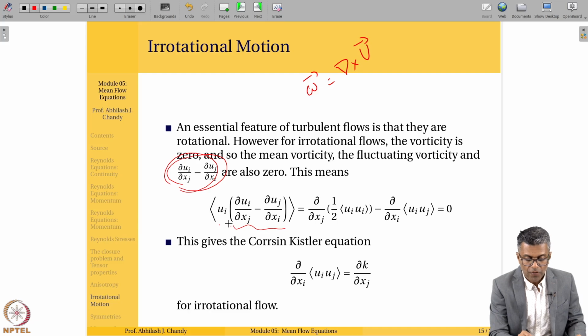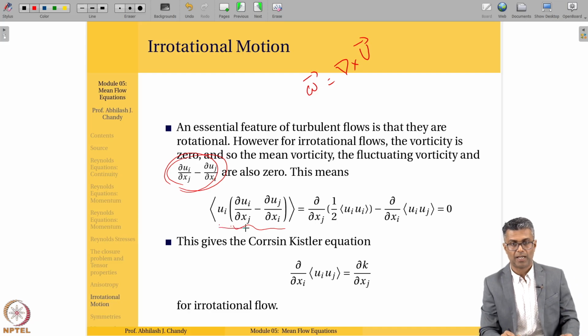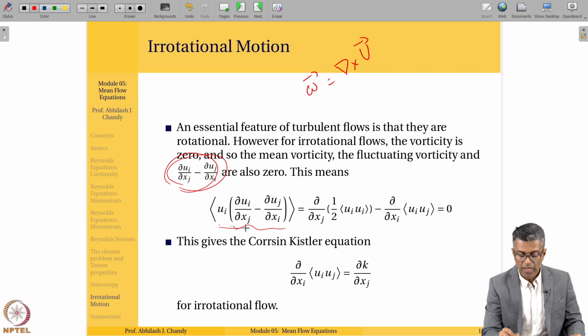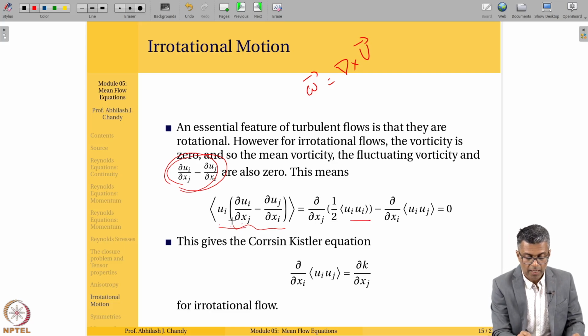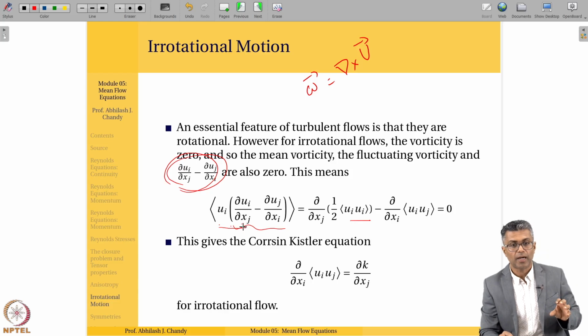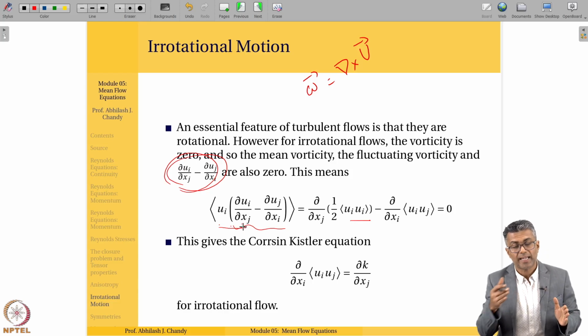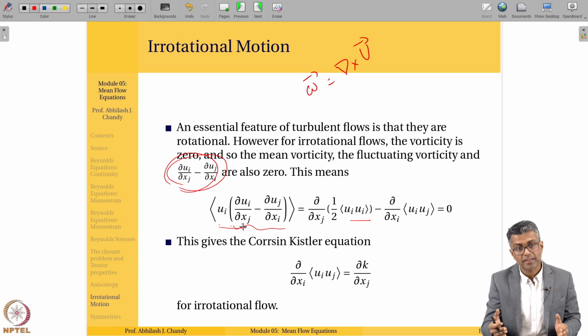Here, if I multiply this out, ui times del ui del xj, let's say I do that, then I can write this as half del xj of ui ui, because I can take the ui inside the derivative.